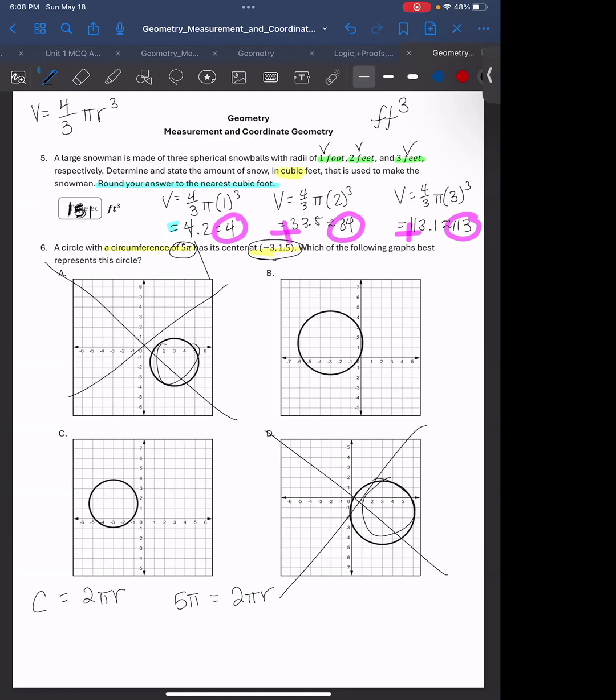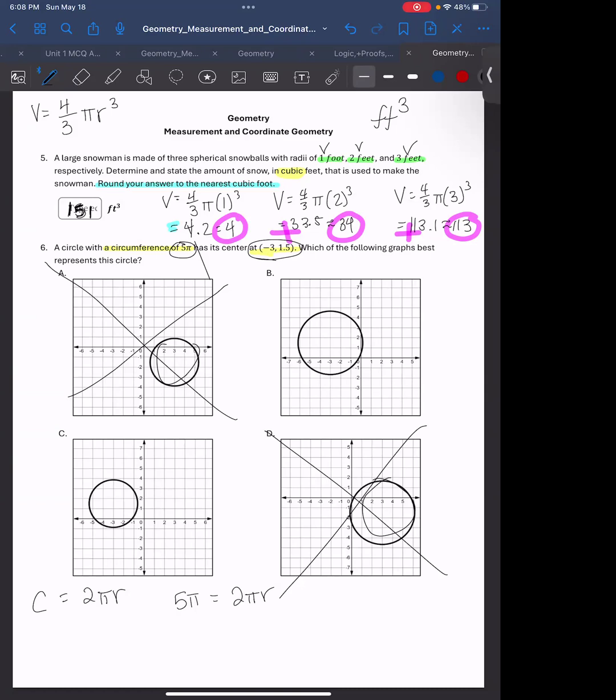So I'm going to solve for r. I need my radius. So what do I do first? How do I get r by itself? Not subtract, divide.